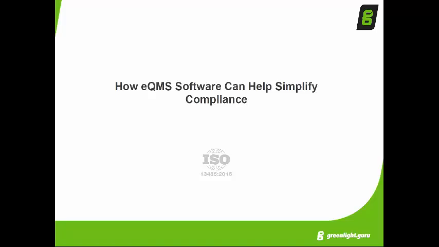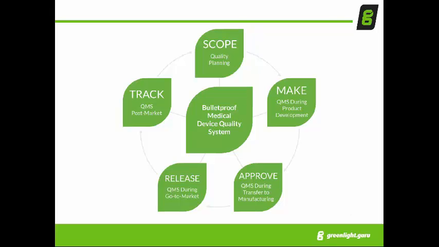Now, as you consider the state of your quality management system, there are ways that you can optimize some efficiency. And yes, it is possible for software to help simplify your compliance efforts, especially when there's a software solution such as Greenlight Guru that's been designed specifically for this challenge.